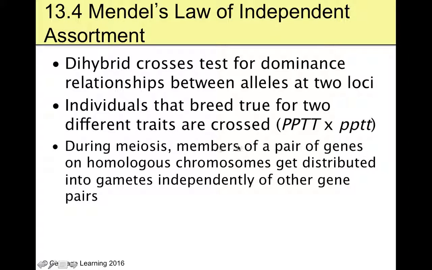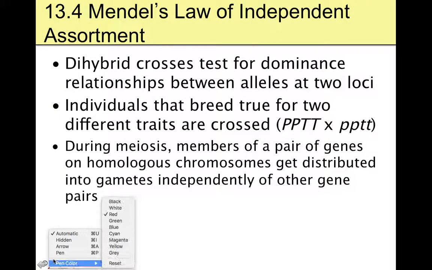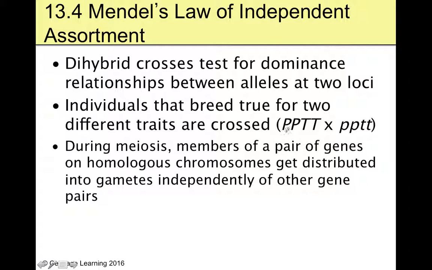And so during meiosis, the members of a pair of genes on homologous chromosomes get distributed into gametes independently of other gene pairs. So what that means is this. If we start to split this cell into meiosis, and this P here goes into this cell over here, that has no effect at all on these two. Now, had Mendel had the misfortune of working with genes that were linked, his data would have been crazy and would have made no sense.